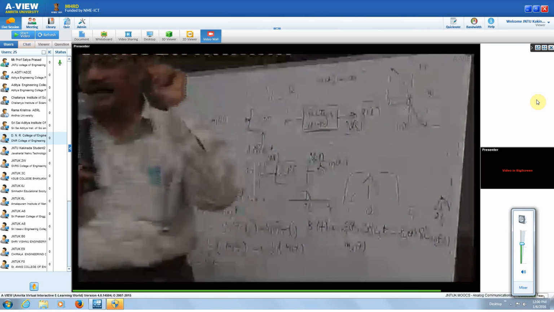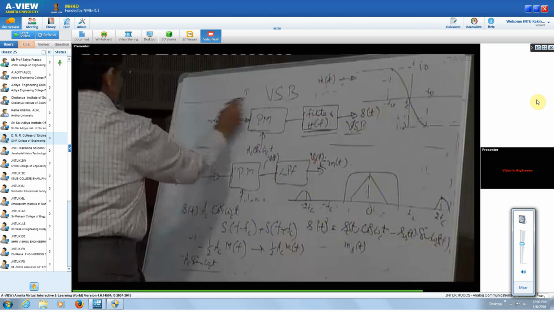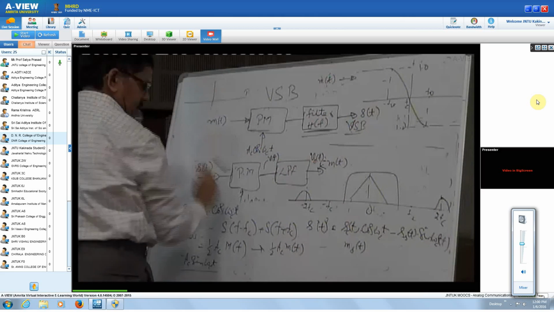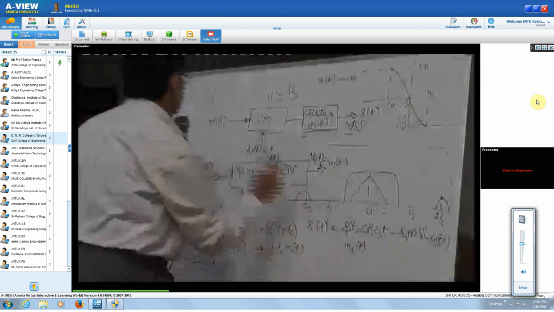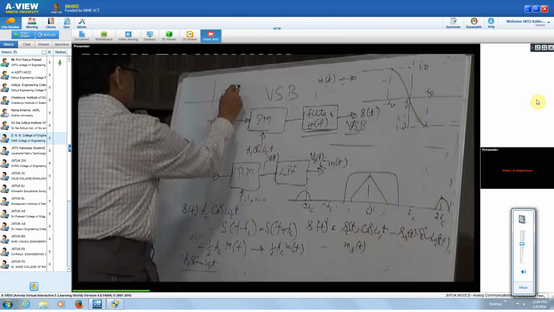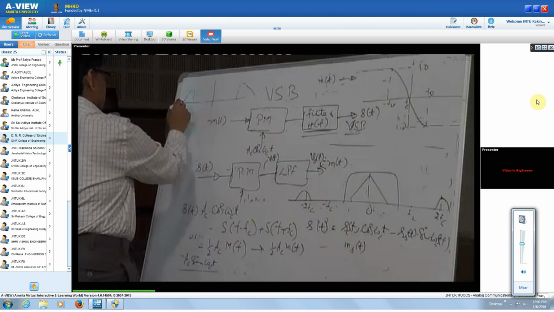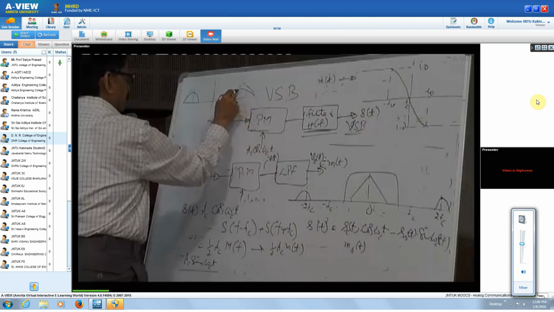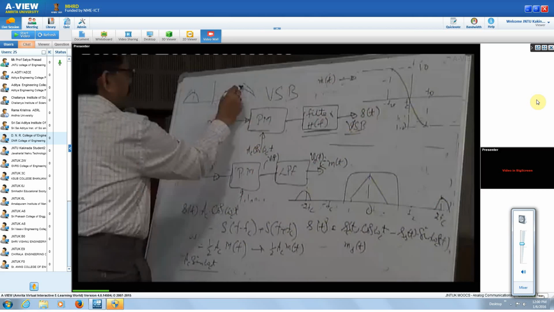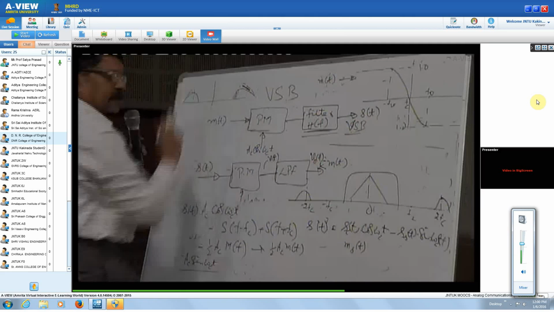Because what we are doing is, even though we say that we are having a vestige part, we are losing some part here that will be equal to this part.